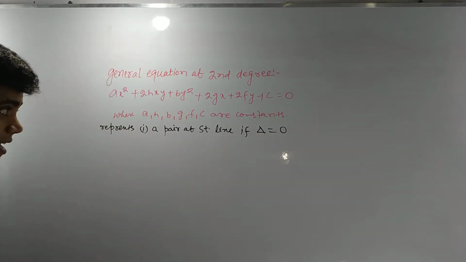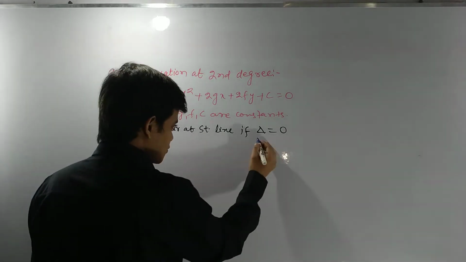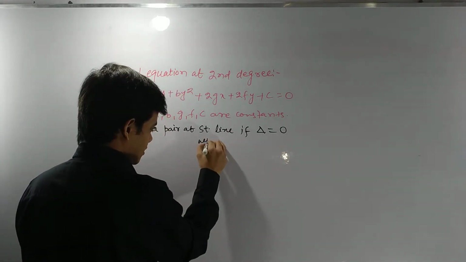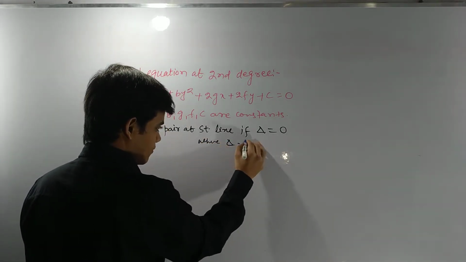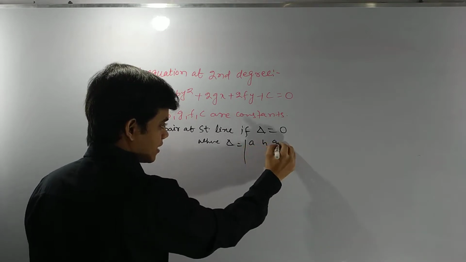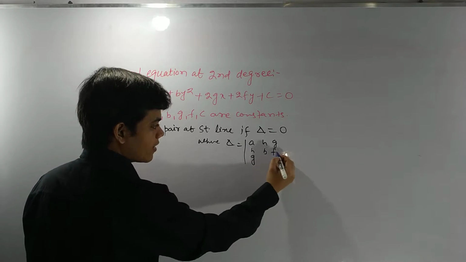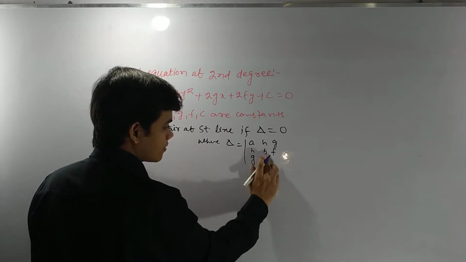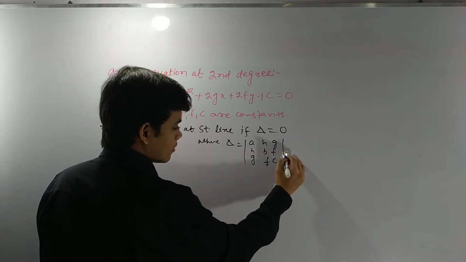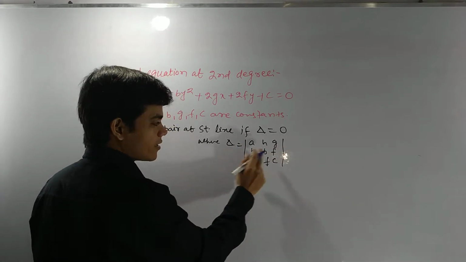Now you will ask, what is delta here? This delta is nothing but this determinant AHG, HBF and GFC. Okay, this is the determinant.